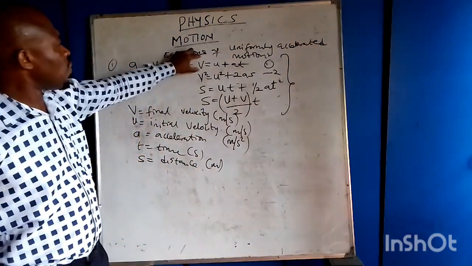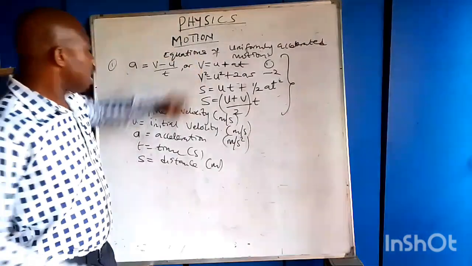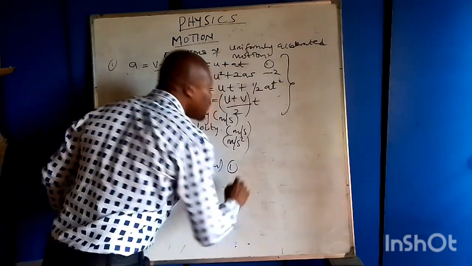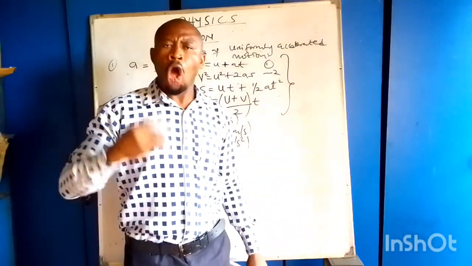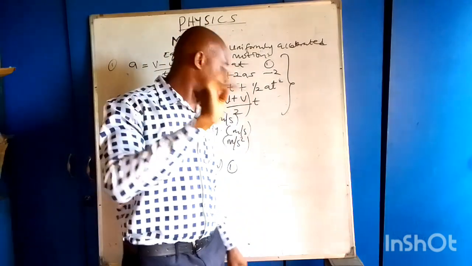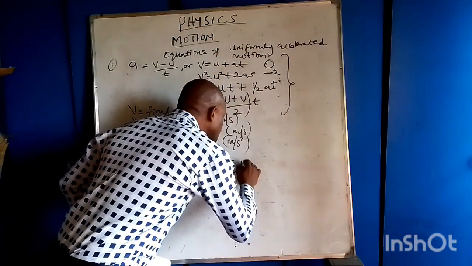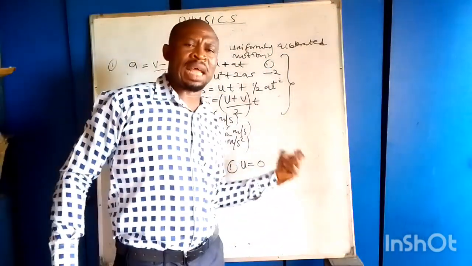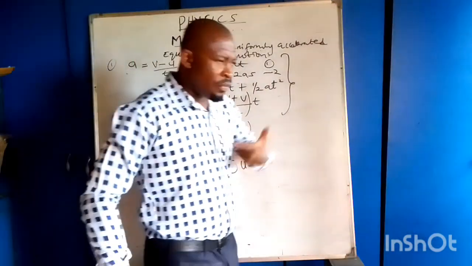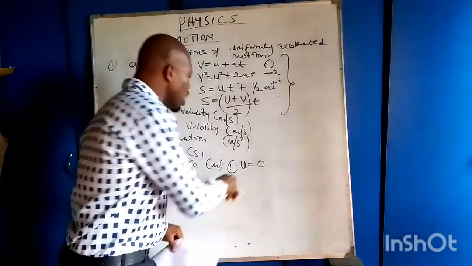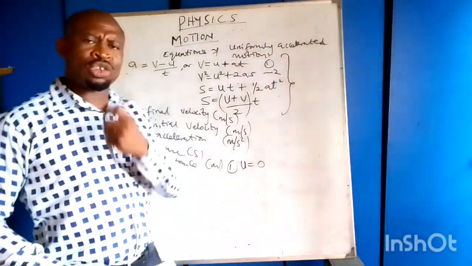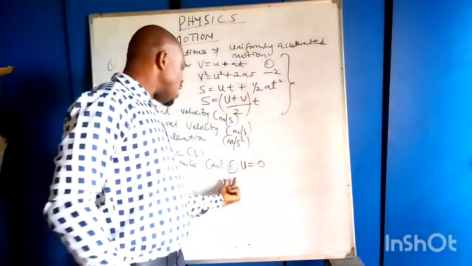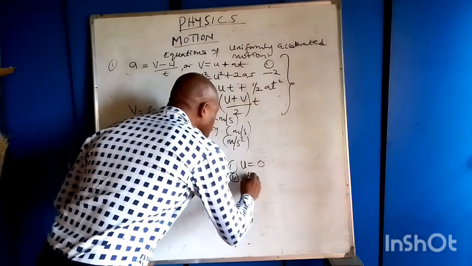Now, the conditions are: number 1, if a body starts from rest, or accelerates from rest, that means the initial velocity u is 0. Point number 2, if a body comes to rest, the final velocity v is 0.